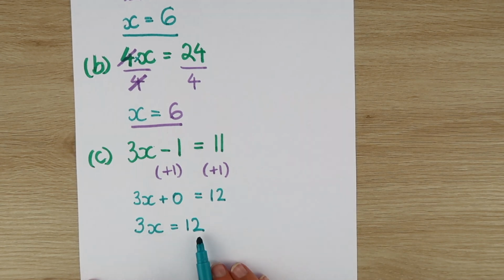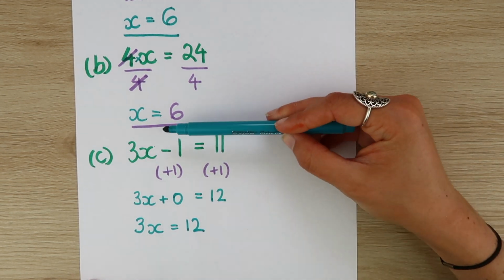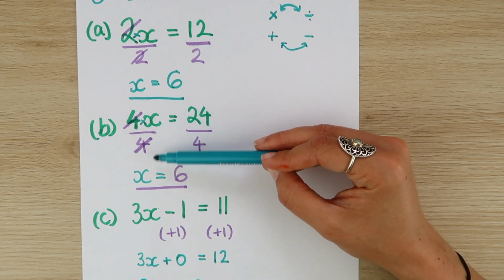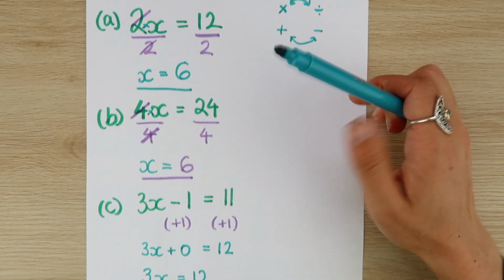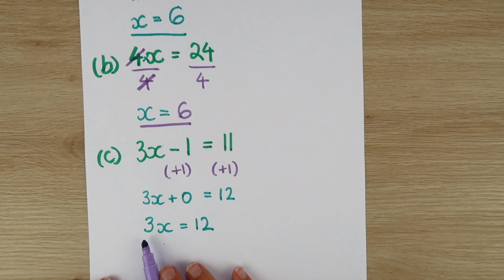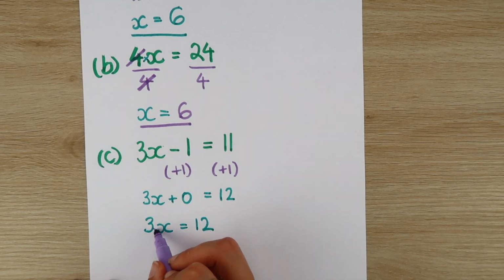To do the final step, just like we did earlier in the last 2 examples, whenever I've got a number multiplied by x and that's equal to another number, I just use my opposite operations to solve for x. So 3x means 3 times x, so the opposite is divide.